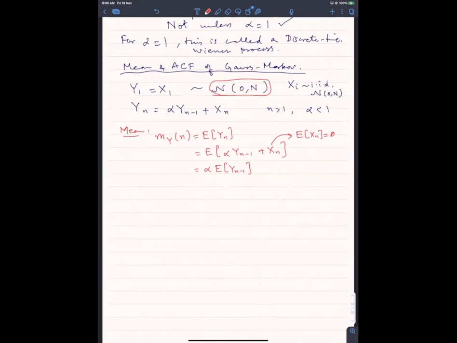Expected value of yn turned out to be in terms of expected value of yn minus 1. तो साथ एक alpha multiply हो रहा है. So I can continue this and write it as alpha squared expected value of yn minus 2, then alpha cube expected value of yn minus 3, and so on and so forth, which is equal to alpha to the n minus 1 times expected value of y1.